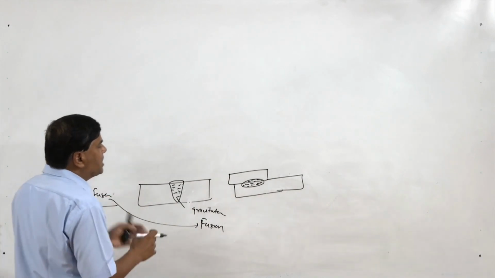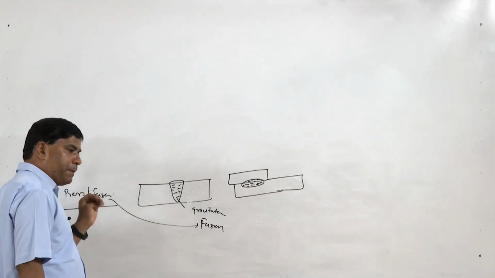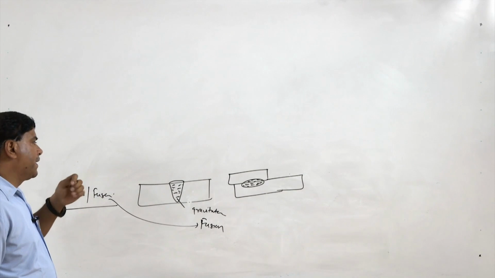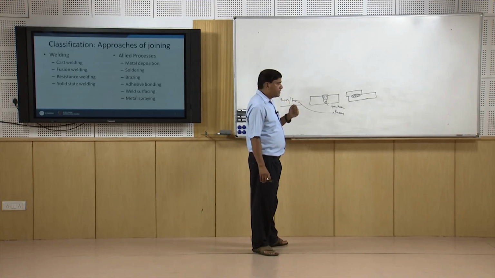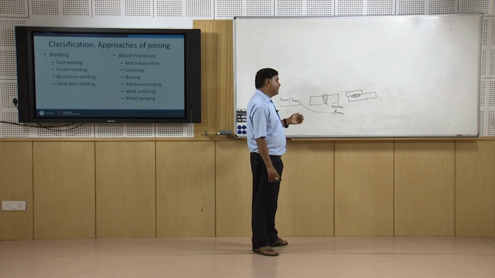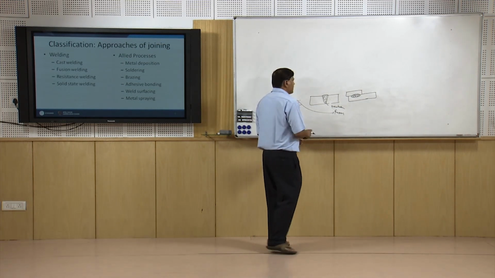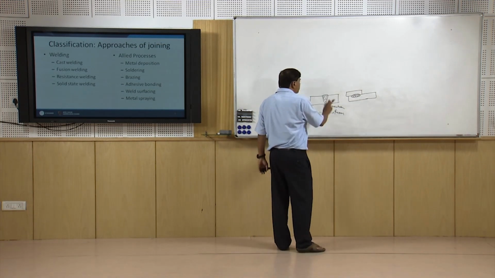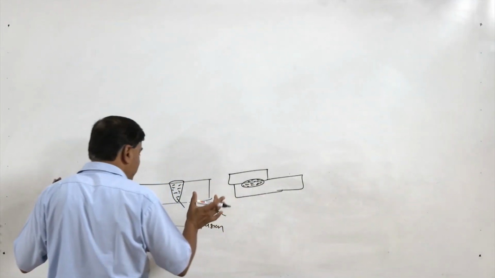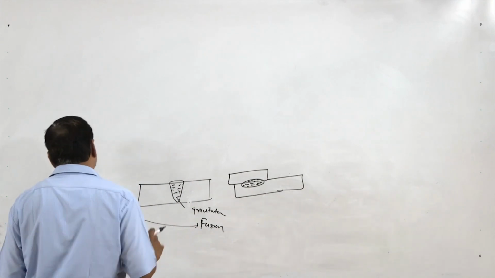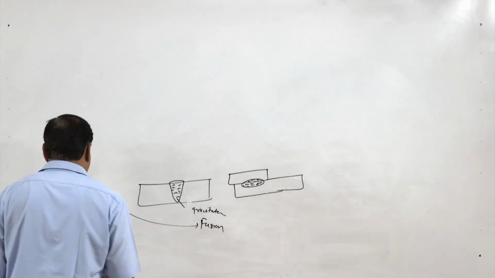And if heating is done just for softening purpose, or for deformation at the interface, or deformation in the form of bulk deformation, to have metallic continuity using pressure, or even if fusion is involved but the solidification takes place in very confined conditions under pressure, then it is characterized as pressure welding.